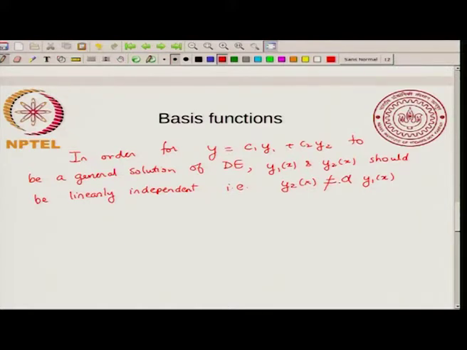So now, these two solutions, you have many possible solutions. You can think of this as a vector space of solutions. And why are we using the vector space?